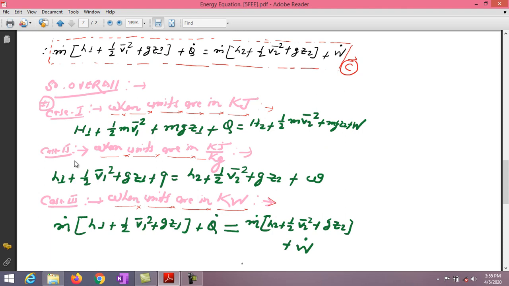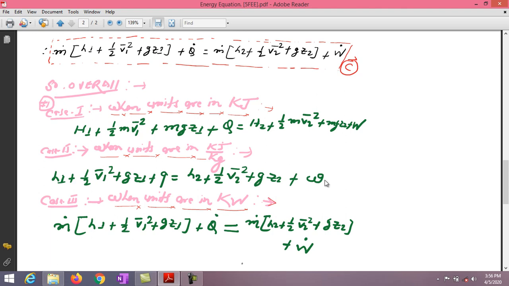In the next case, the units are in kilojoule per kg. That means we have to divide the above equation by mass flow rate, by mass. If you divide the whole equation by mass, instead of capital H1 we get a small h1 plus half u square plus gz1 plus a small q, is equal to a small h2 plus half u square plus gz2 plus a small w. In this equation, the unit of all the terms will be kilojoule per kg.